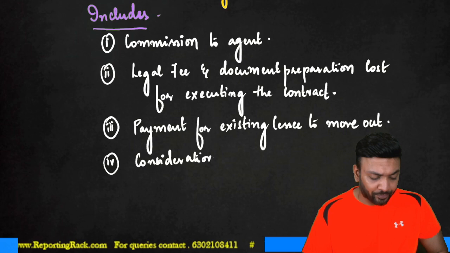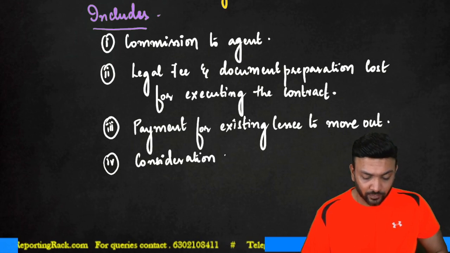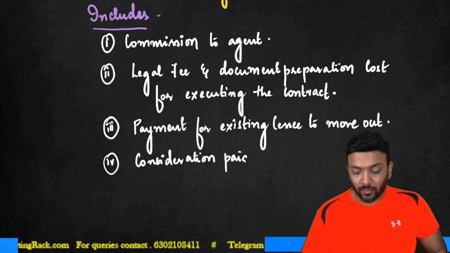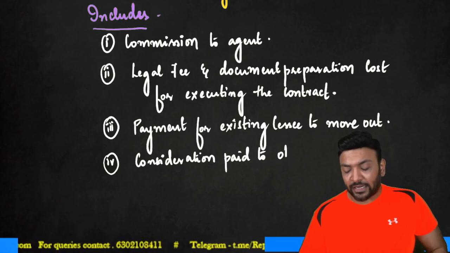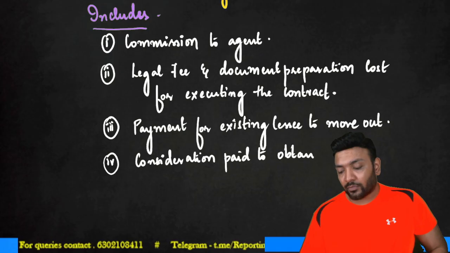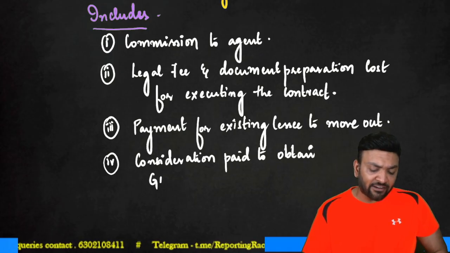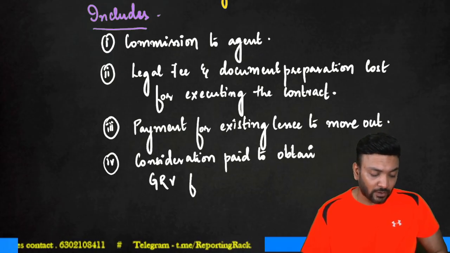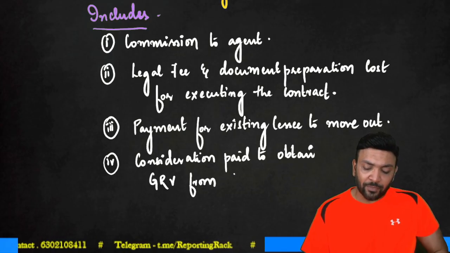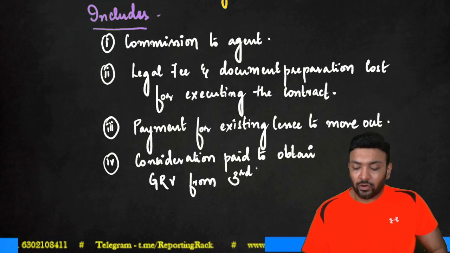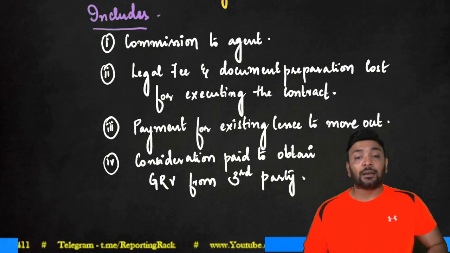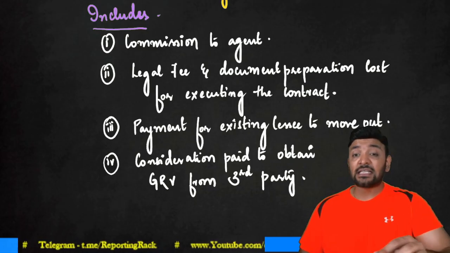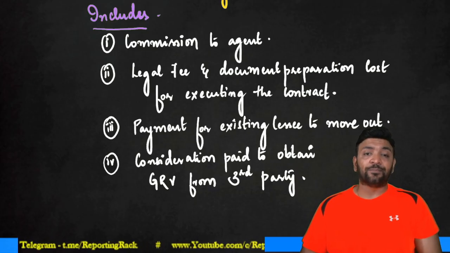Consideration paid to obtain a GRV from third party. Some agent I have appointed to identify a third party who can purchase the leased asset at the end of the lease term.